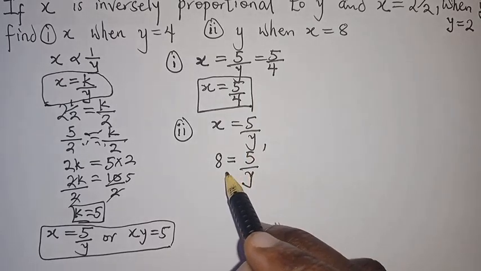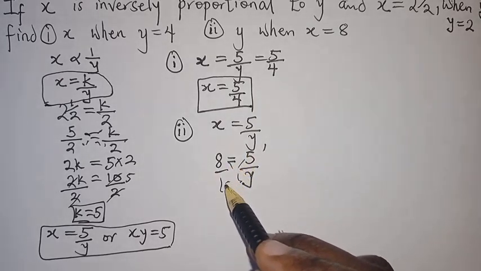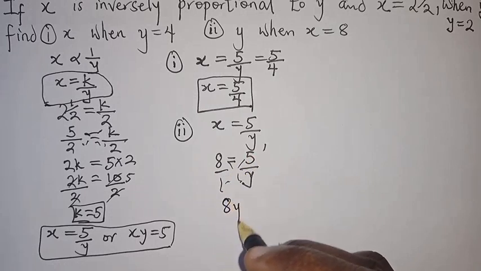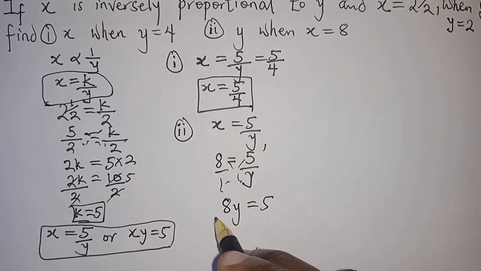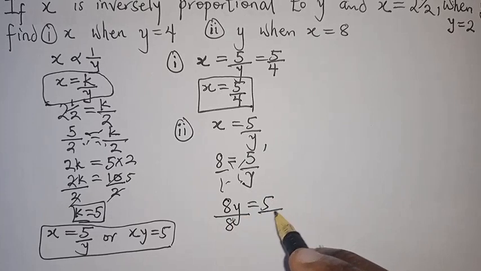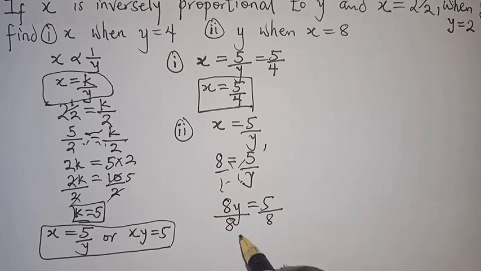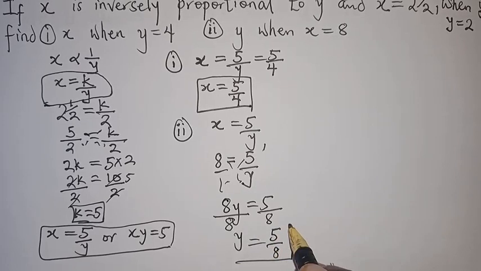So what do I do to get the value for y? Of course, I can simply cross multiply. Then I'm going to get 8y equals 5. Then I'll divide through by the coefficient of y, which is 8. So my answer is 5 over 8. That's the value for y, 5 over 8.